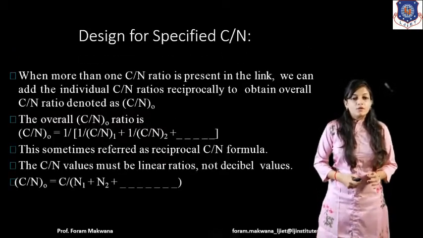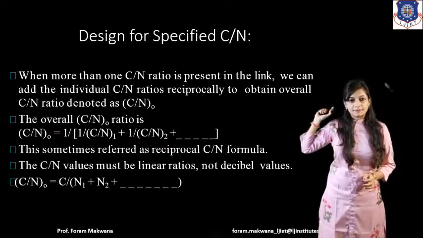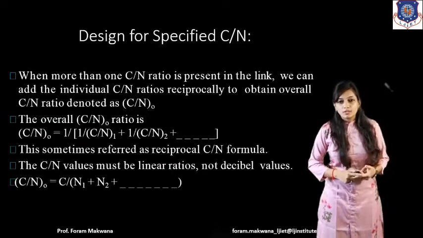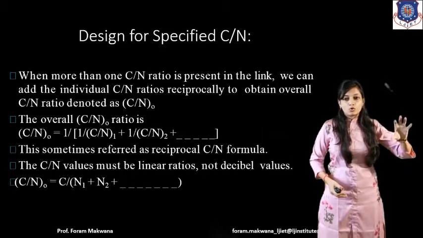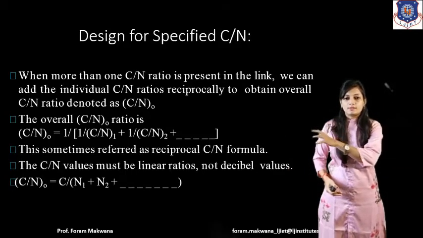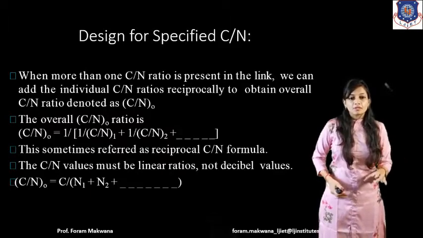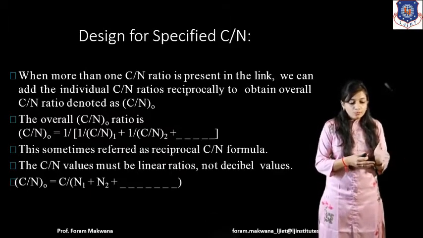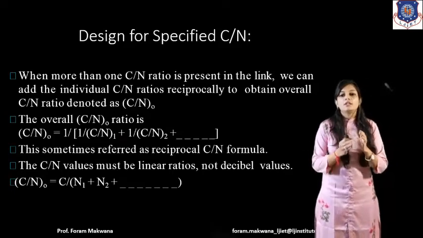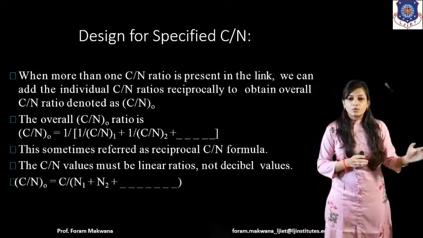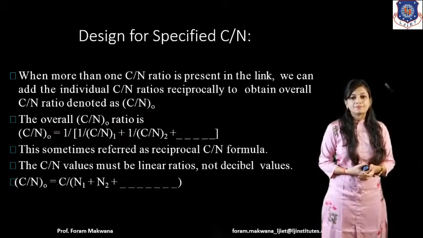Now, for designing a specified carrier to noise power, there are a number of system inputs, and we know the carrier to noise power for each system. So how do we calculate the design for a specific carrier to noise power? The first point is, when more than one carrier to noise ratio is present in the link, we first individually calculate the carrier to noise power and then take the reciprocal.